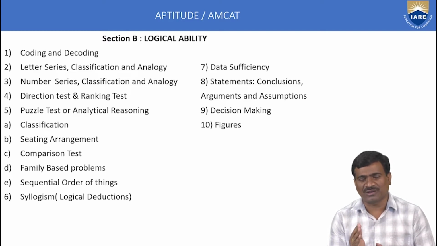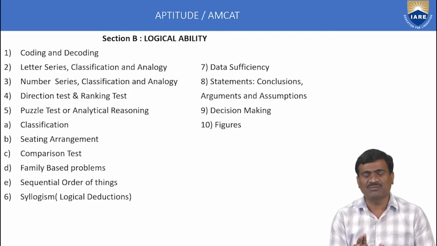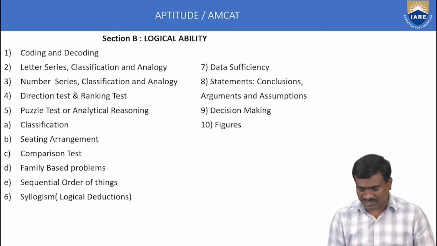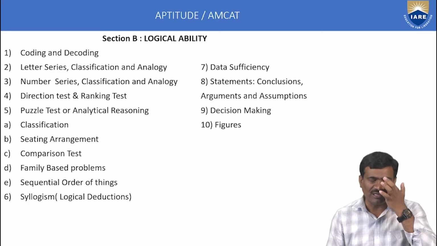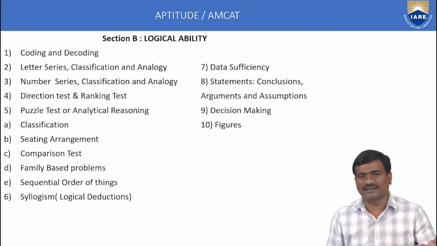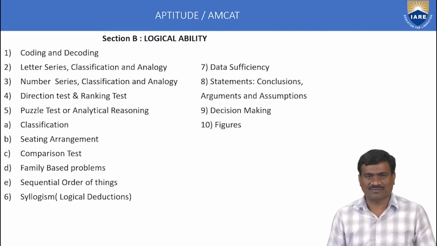The decision making topic is important in logical ability, with maximum and minimum only 2 marks. That is a compulsory topic in logical ability. Next, the figures concept, which is easy: find the next figure, odd man out figure, or similarity figure. This is the logical ability syllabus.